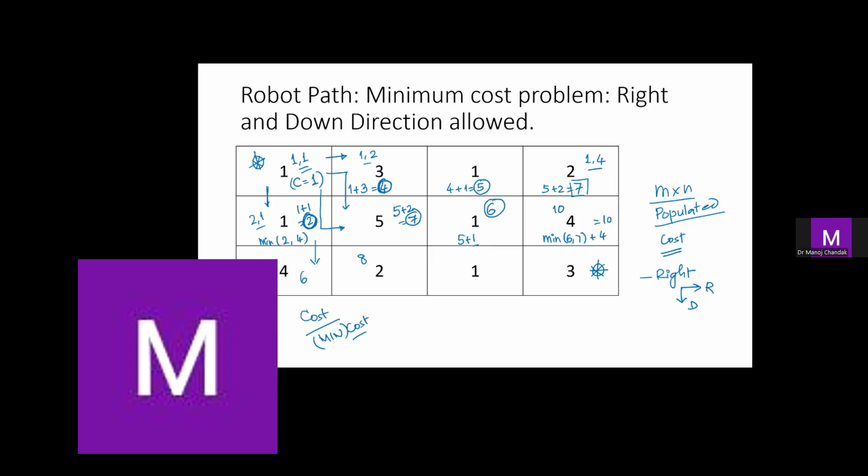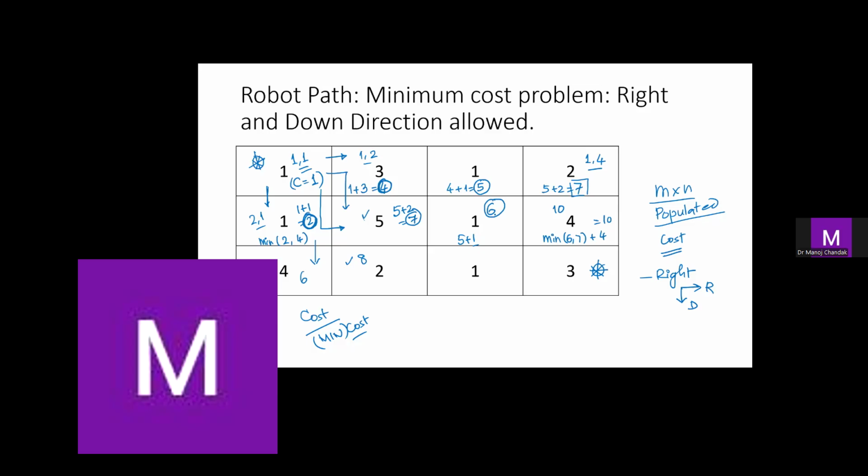Another option for this cell is, this cell will have only one option because it cannot take the help of this or this. So logically, when you are here, you can only travel down. So this is 2 plus 4, 6. And then out of 6 and 7, the minimum is 6 plus 2, 8.